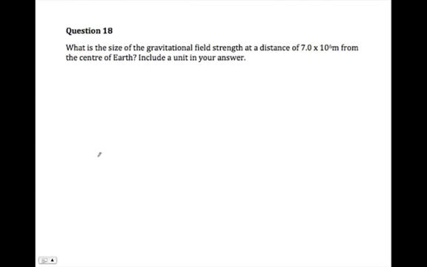Okay, 18. What's the size of the gravitational field strength at a distance of that from the centre of the Earth? Include a unit in your answer. Gravitational field strength is g equals GM over r squared. So g equals the universal gravitational constant, 6.67 times 10 to the minus 11, times the mass of the Earth, which is given to you on the formula sheet.